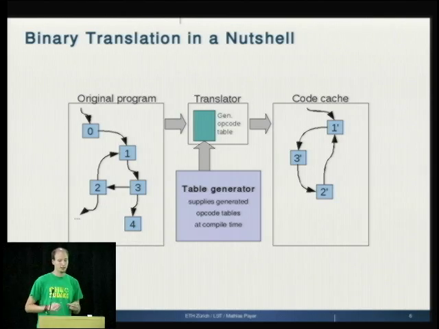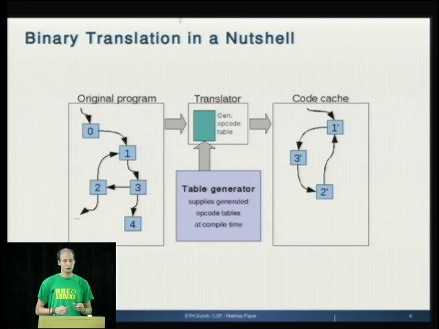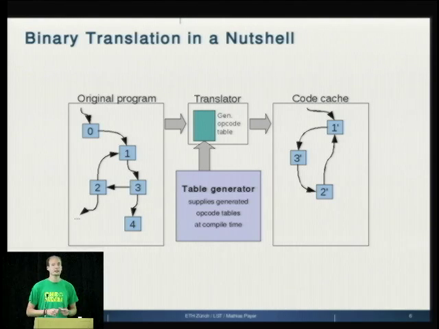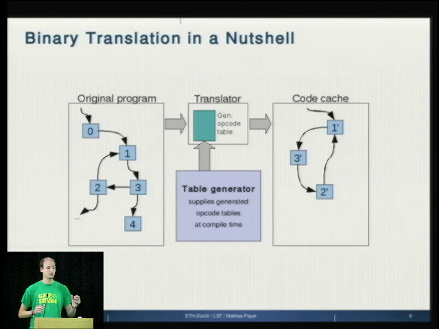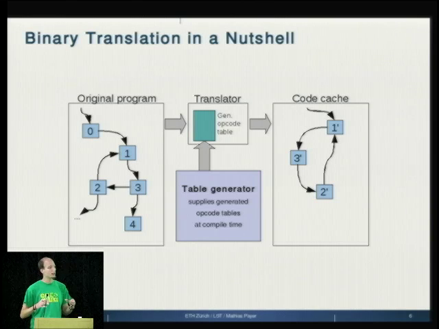So a binary translator looks a little bit like this. We've got the original program on the left-hand side. There are a couple of basic blocks that are connected through control flow instructions. There's a small loop that we see. And then we start the program under the control of the binary translator. The binary translator uses translation tables to translate individual instructions and copy them into a code cache.